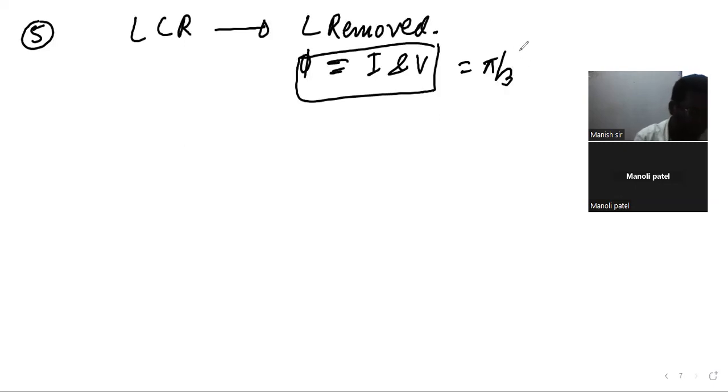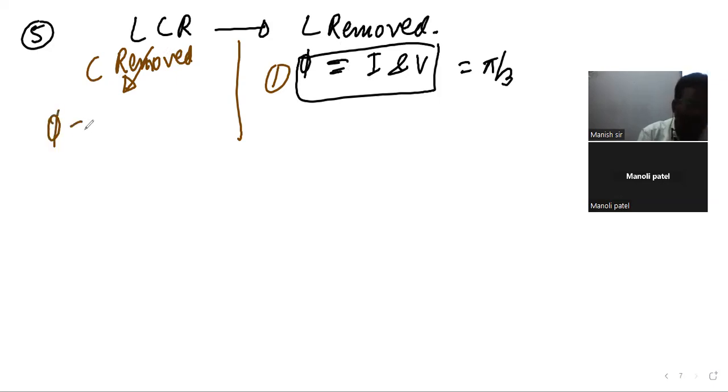If instead C is removed from the circuit, the phase difference we are getting is again pi by 3. So this is the first case we have observed. Now second is removing C. C is removed, then we are getting the phase difference of pi by 3 between the current and voltage. So the power factor of this circuit we have to find. It was asked in 2020. So let's see the explanation.